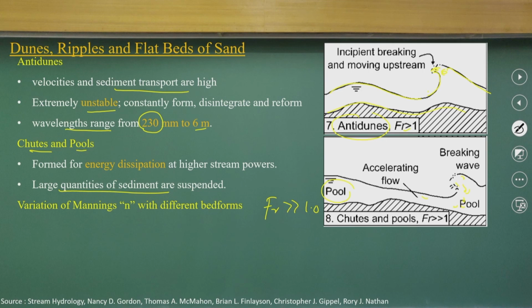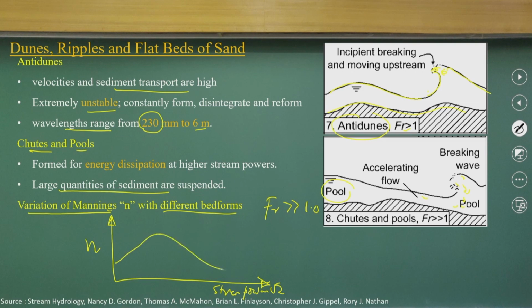But let me look at how Manning's roughness n values vary with the bed forms. If I plot stream power versus Manning's roughness values, I will get a shape like this.